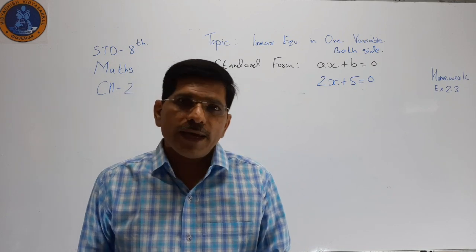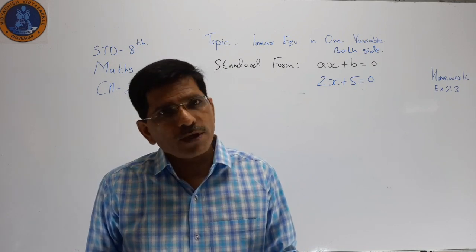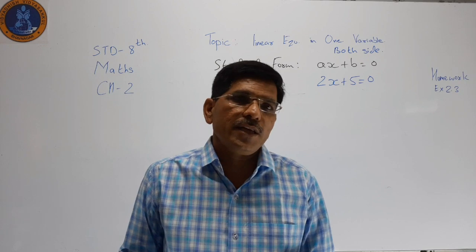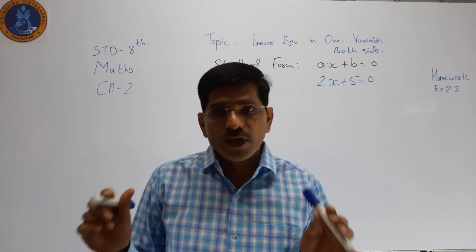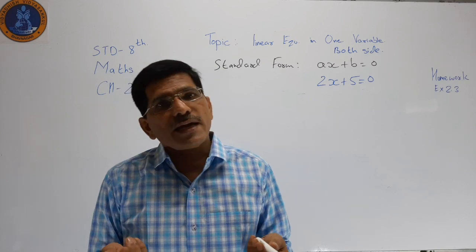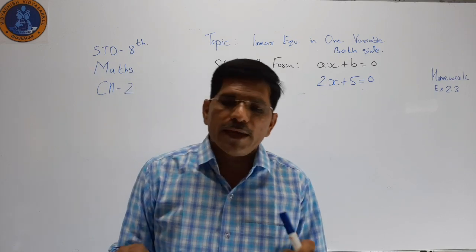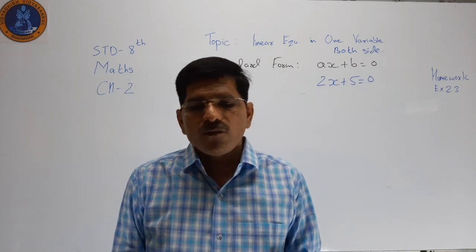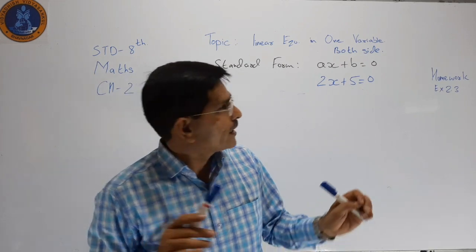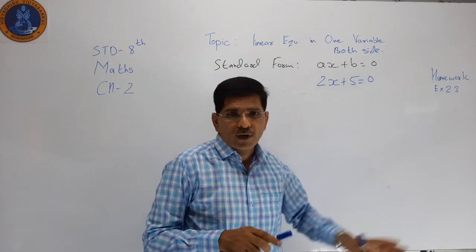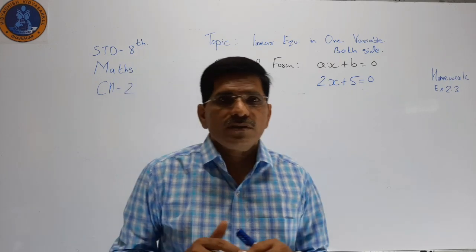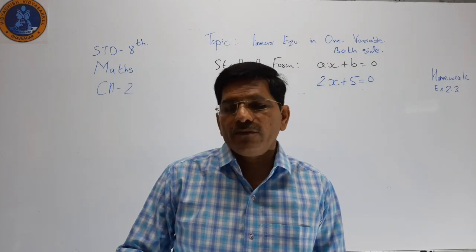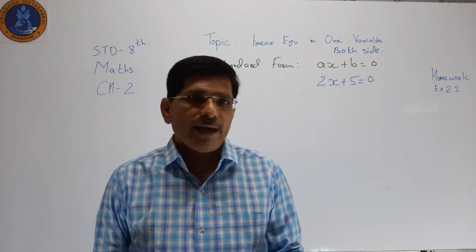So today's topic is again the linear equation in one variable, but when variables are given on both sides, how can we simplify that? Already we know that left hand side is equal to right hand side. First of all we see some examples and then we go for the exercise.